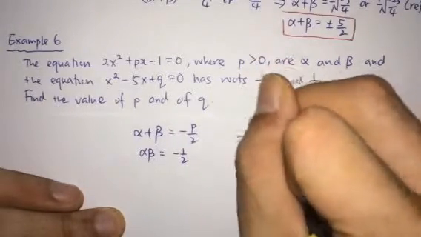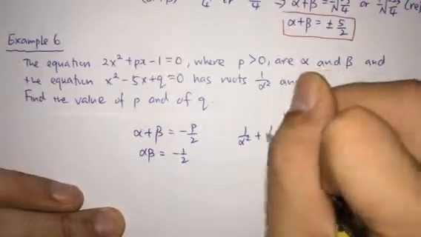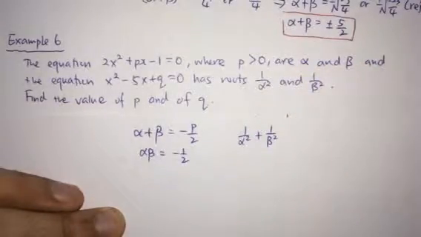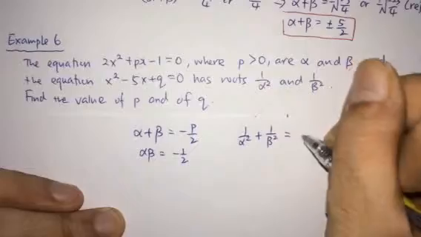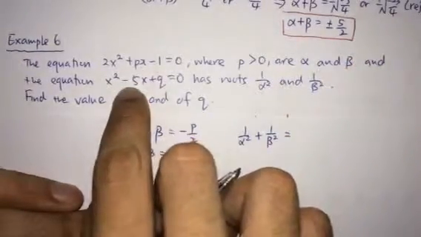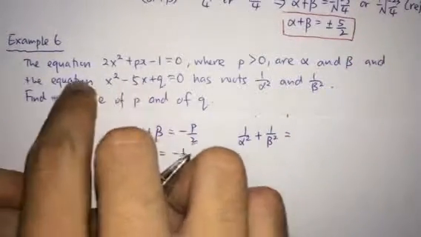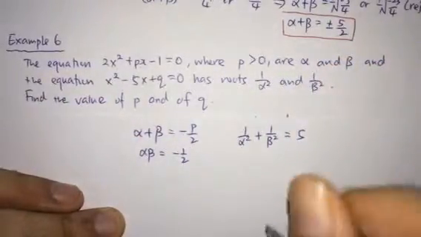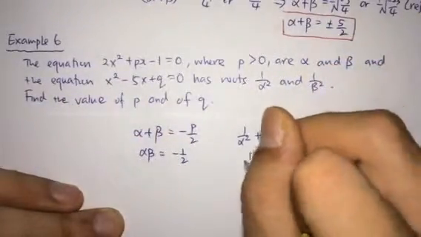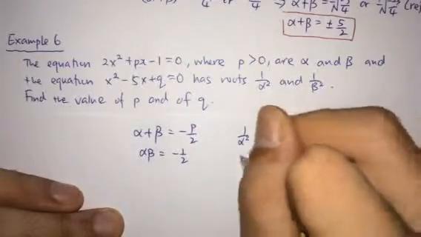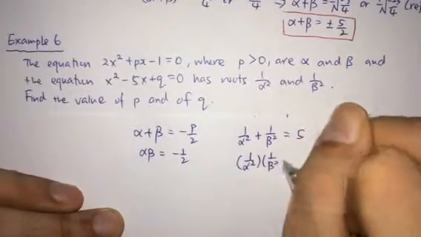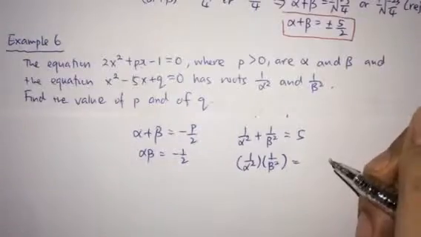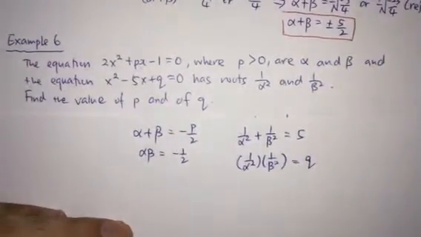Therefore, the sum of roots in this situation will be 1 over alpha squared plus 1 over beta squared, which will in turn give you minus b over a, which is 5 over 1, which gives you 5. The product of roots will be 1 over alpha squared times 1 over beta squared, which in turn gives us q.